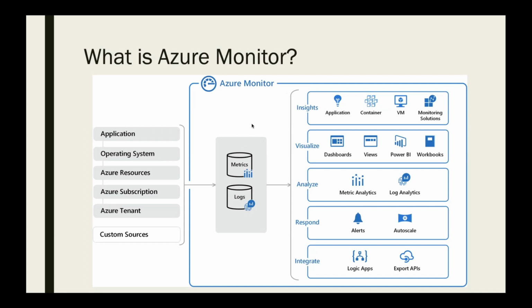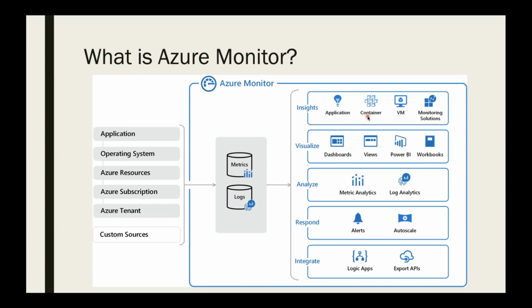Now, to go through what we have in here, as you can see on the left, we have the applications, the OS and all these resources, subscription and tenant. What's combined is metrics and logs. The insights can come from the applications.